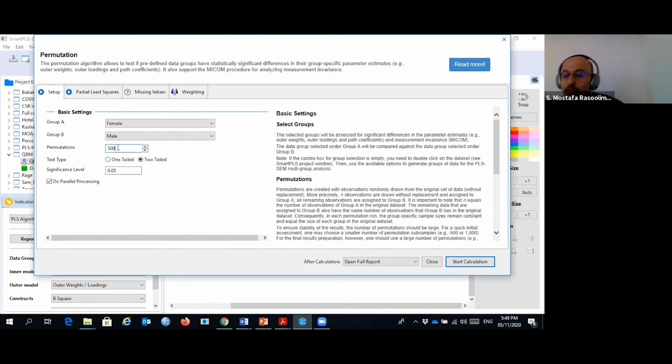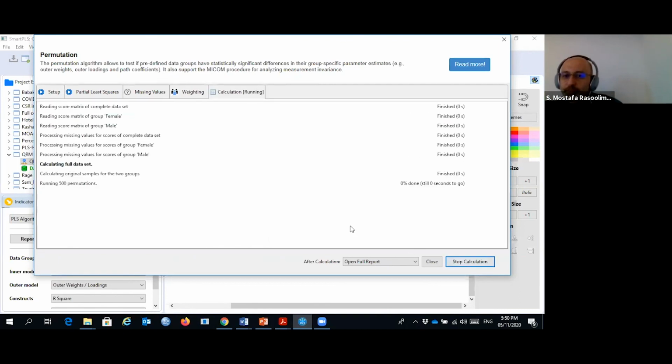If I choose 5,000, it may take a bit longer. This can be one tail or two tail, but for measurement invariance you can keep two tail, because for measurement invariance we don't check which one is higher or lower. We only need to check significant or insignificant difference between measurements. So start calculation.